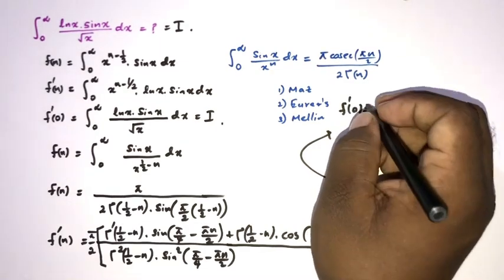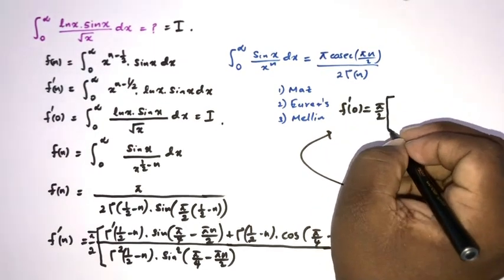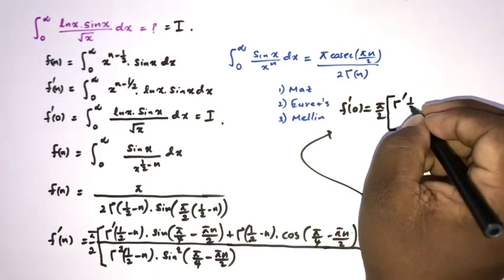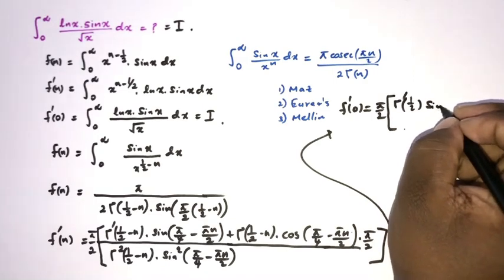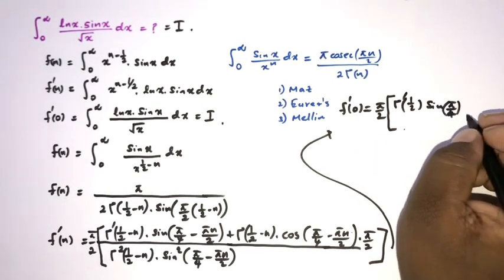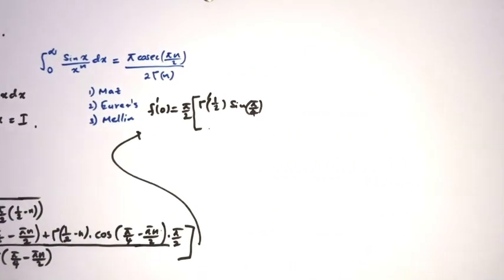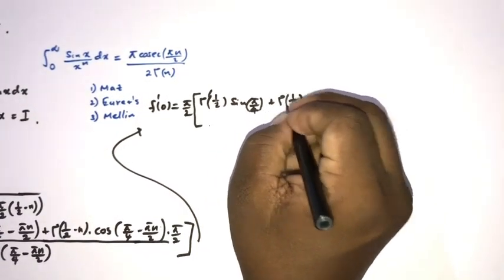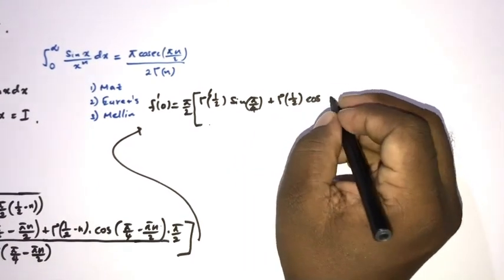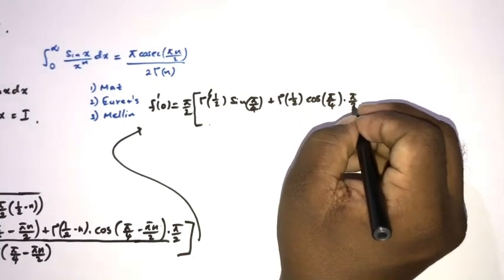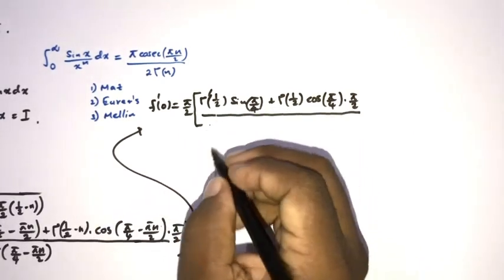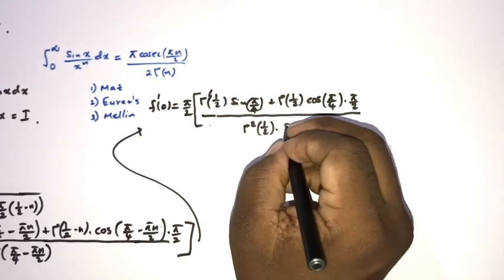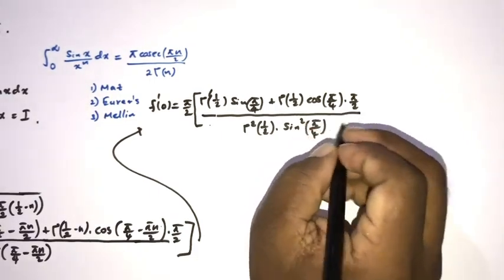Then we can find f dash of 0. f dash of 0 is equal to pi over 2 times gamma dash of 1/2 times sine of pi over 4, plus gamma of 1/2 times cosine of pi over 4 times pi over 2, over gamma squared of 1/2 times sine squared of pi over 4.